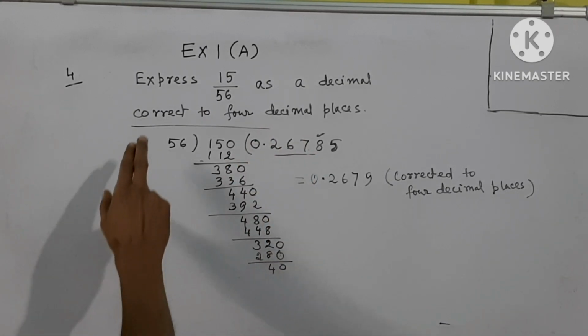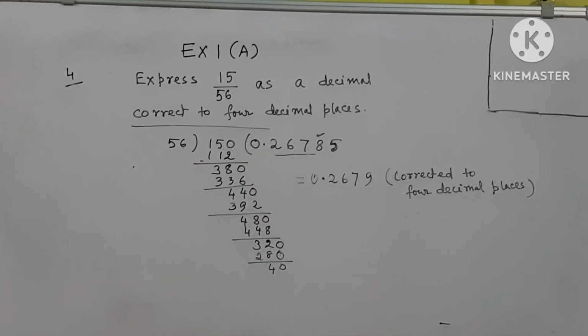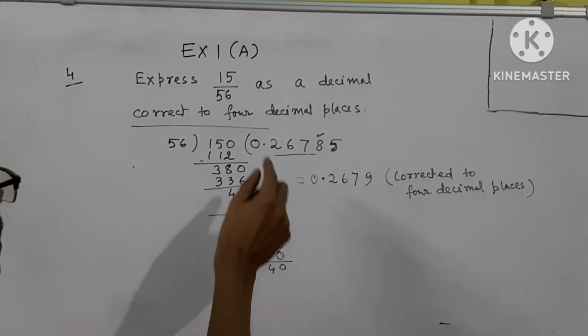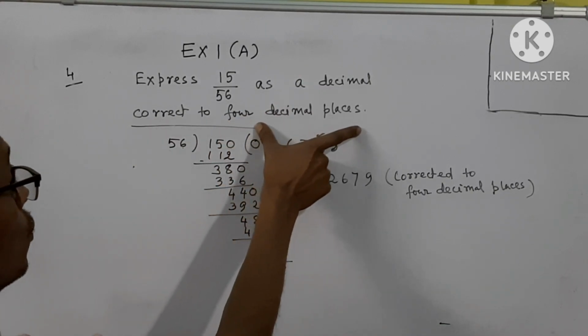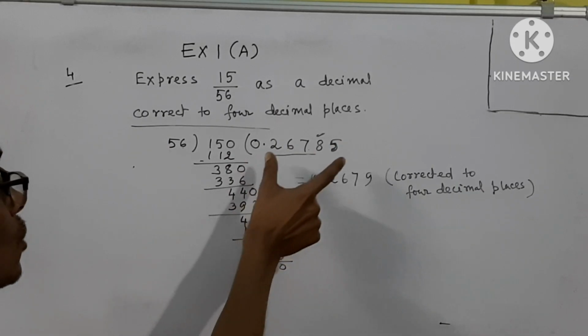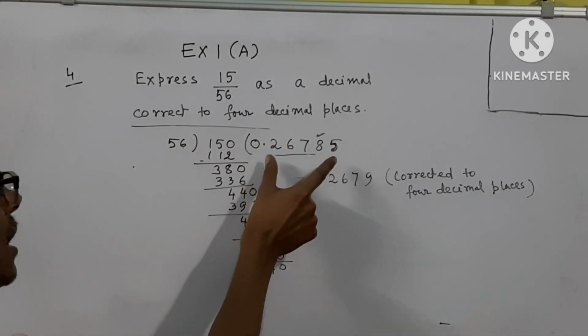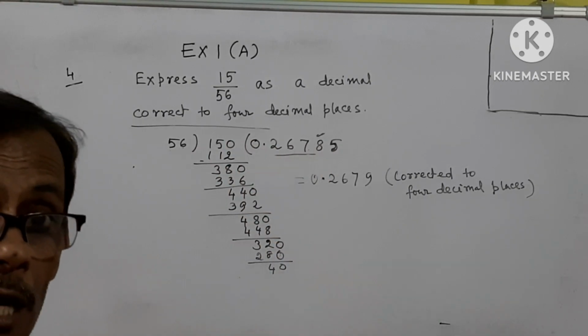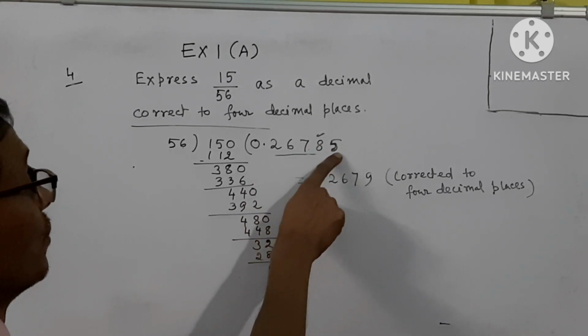So for correcting the decimal places, you have to adopt this method. In this question, you have been asked for correcting to 4 decimal places, so you have to do the division so that 4 places come in your quotient, and then you have to see the fifth place.